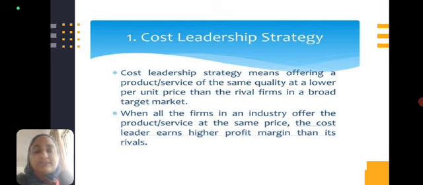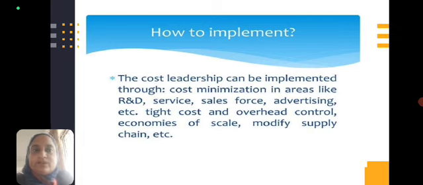What we mean here is, when the competitors' products have the same quality and same quantity, and their cost is higher than ours, then we will be the leader, because the cost factor plays a vital role in purchasing a product or a service. And how to implement this?